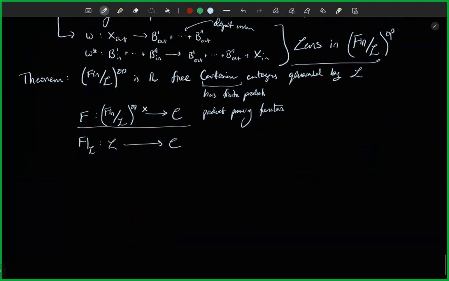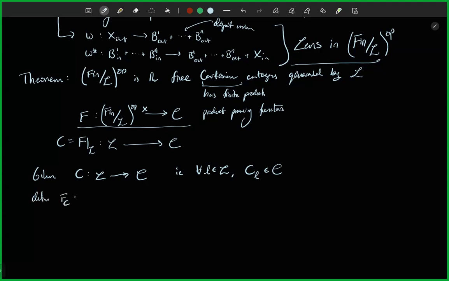And then we'll come back to this context notion, why this is a very nice way of thinking about this. So given, maybe I'll call it C equals this, given C from L to fancy C, i.e. for all l in L, for any label, we have an object C_l in C. And then we're going to define F_C and prove that it's product preserving.